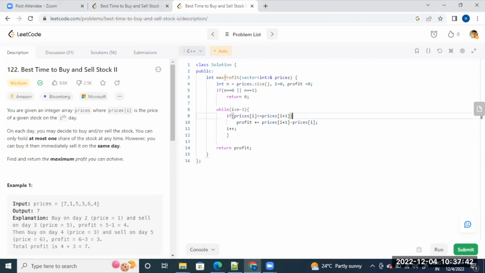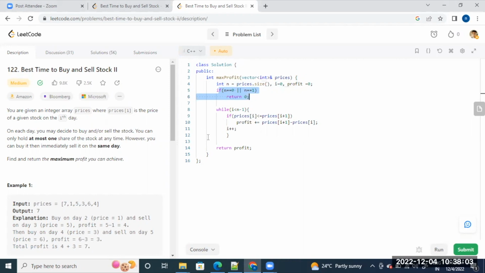Let me open the C++ solution. Bear with the variable naming. It starts with i and profit is 0. Whenever we have a single stock value, we can't make any profit, only for one day.